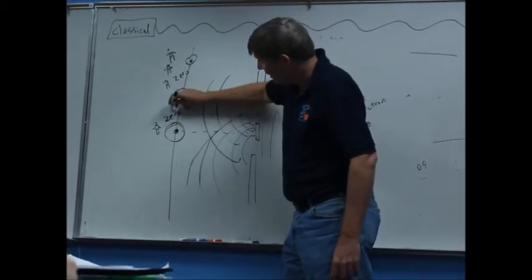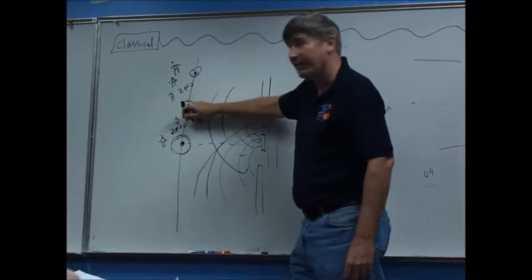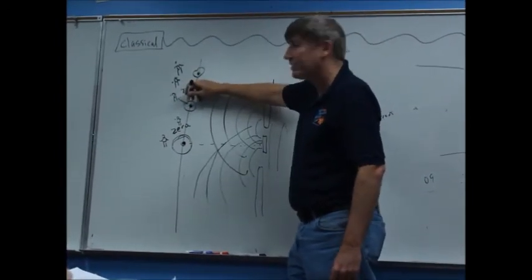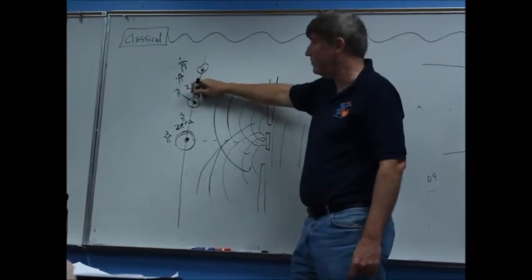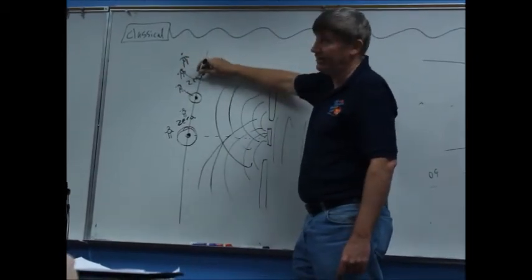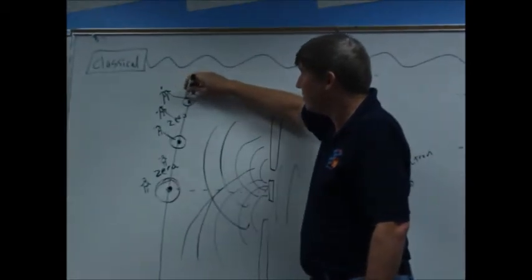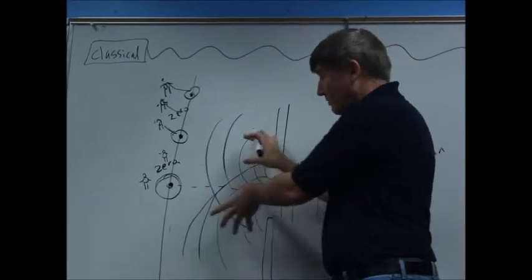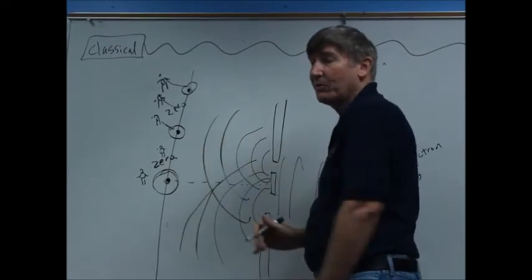The person who's standing right here is going to say, I didn't see anything hit the beach. The person who's standing right here is going to say, I saw a medium wave hit the beach. The person here is going to say, I didn't see anything. The person here is going to say, I saw a small wave hit the beach. Right? Does that make sense? Because of the diffraction pattern, that's the way it's going to work.